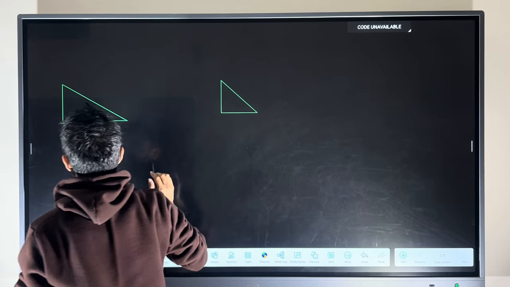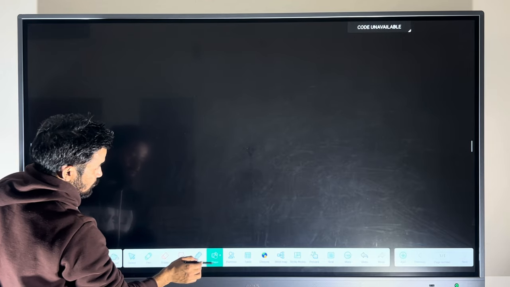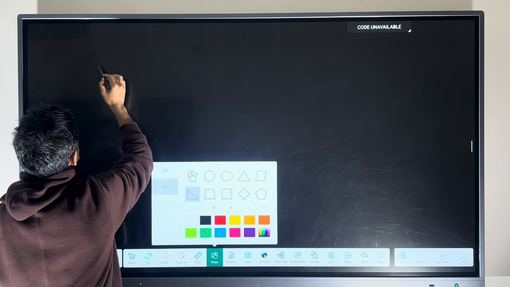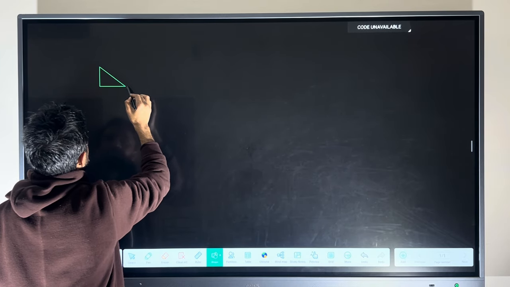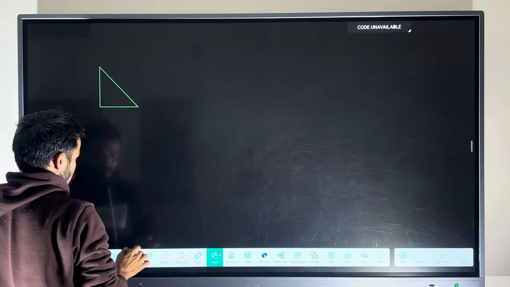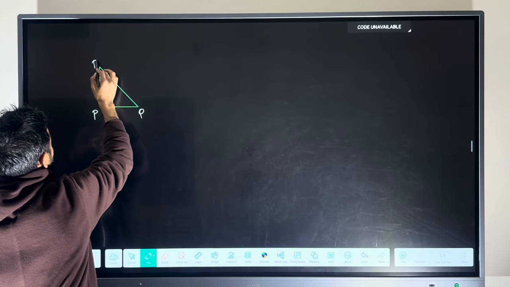Okay, suppose, let me clear it. Suppose again we consider a triangle PQR.